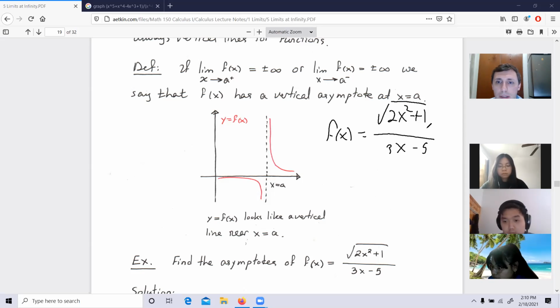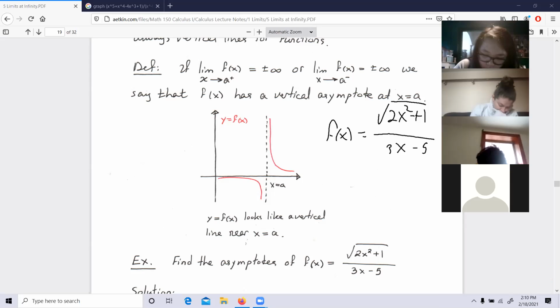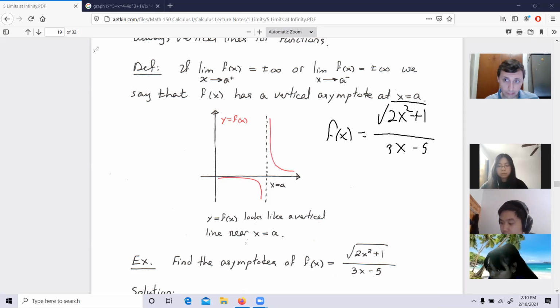So help me find the asymptotes. Come on, guys, fast. So write x equal to 5 over 3. That's better, yes? So here, let's begin doing it together, guys.